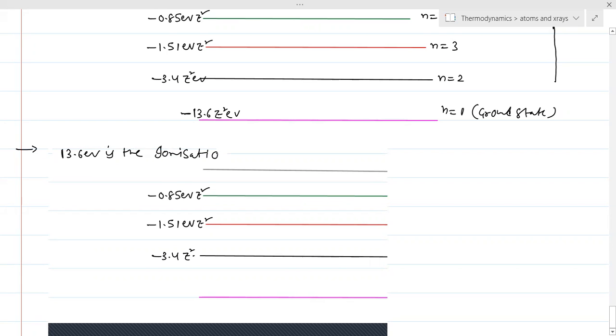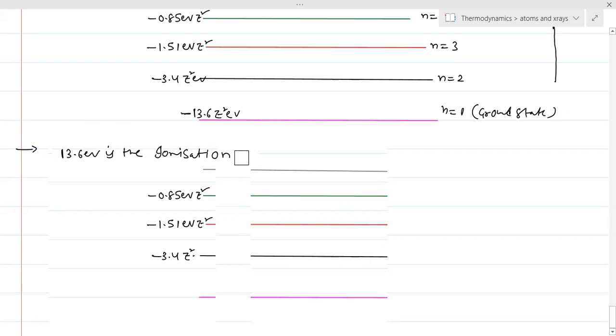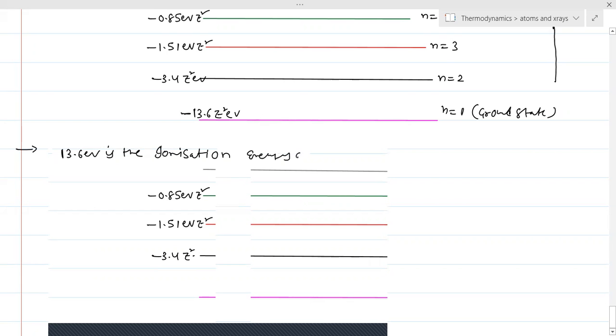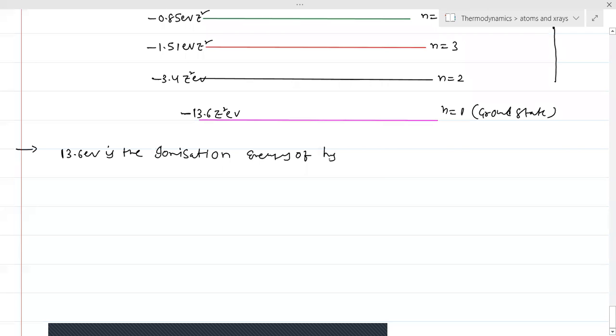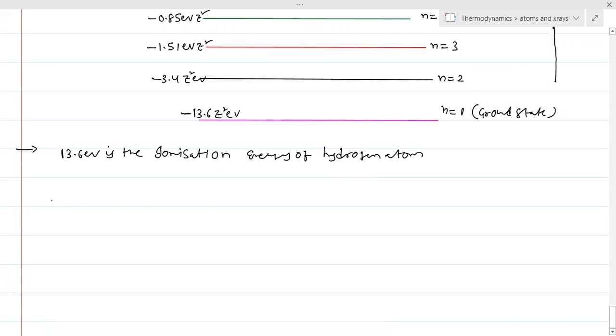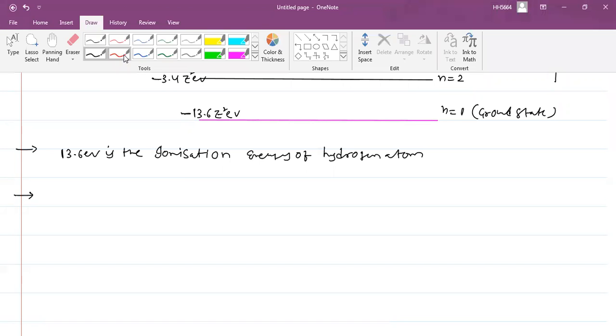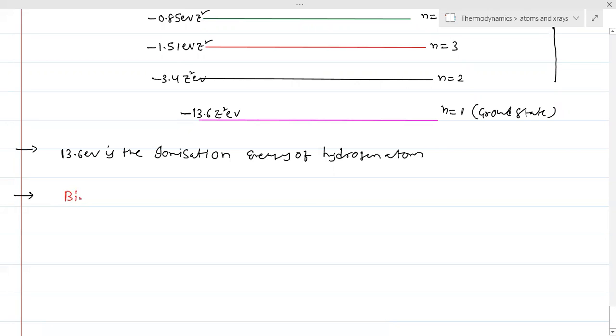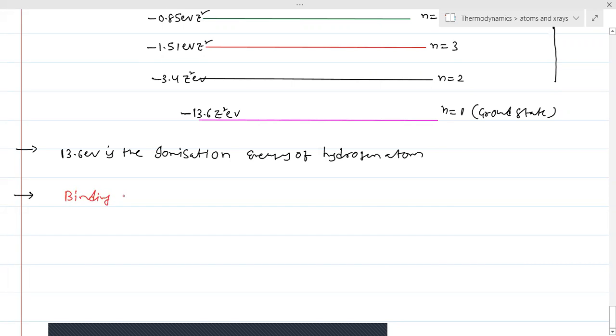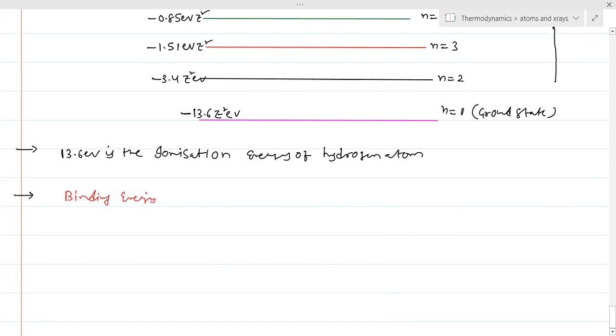Only we are having a single electron, as the ionization energy of hydrogen, the ionization energy of hydrogen atom. Suppose in the same topic, if somebody asks about binding energy, when we think of binding energy, we will write minus total energy.